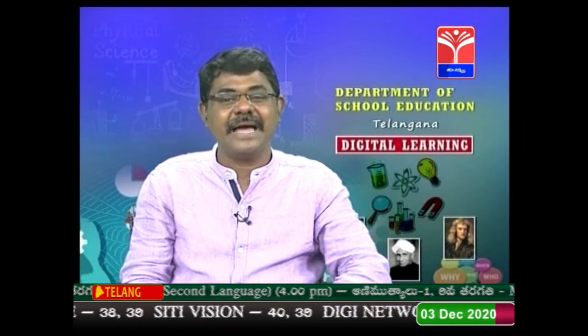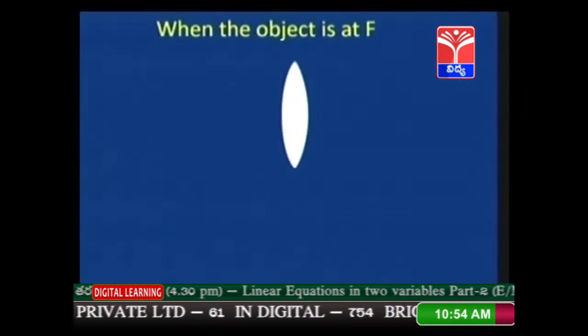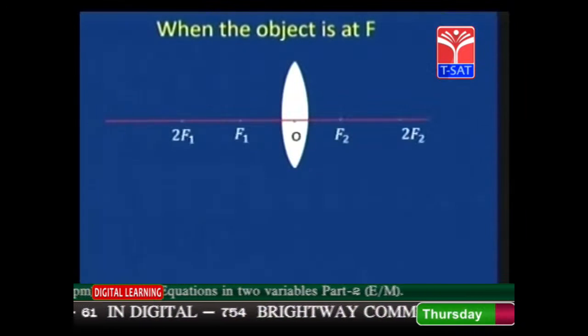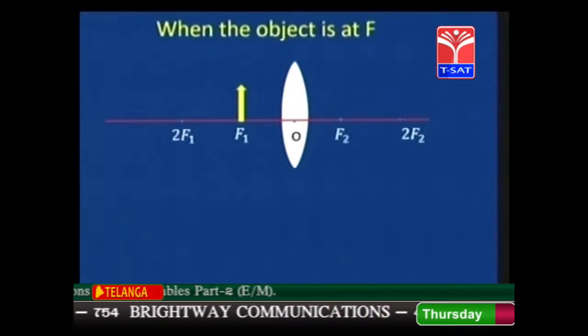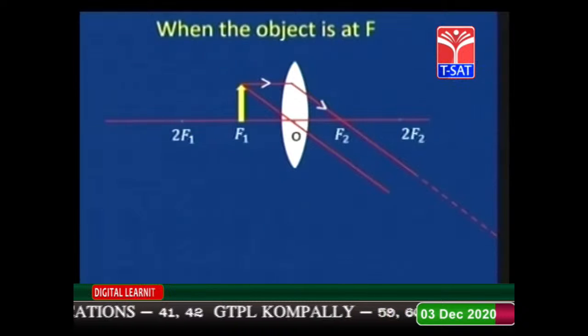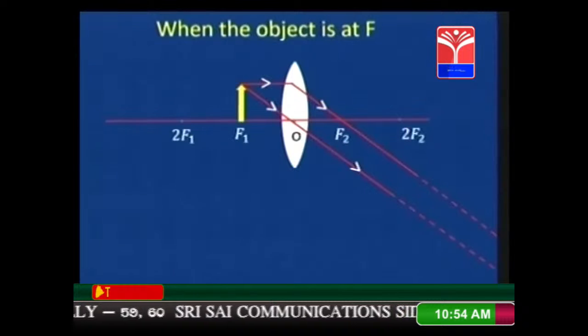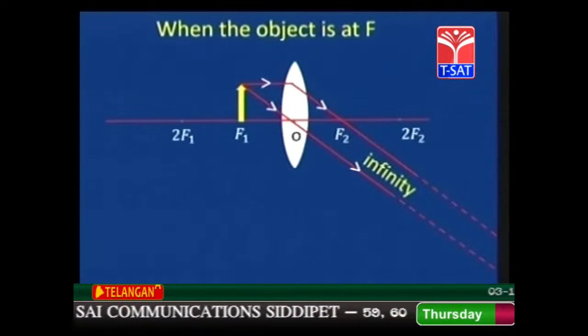So dear children, what happens when the object is located at the focus? See, this is a biconvex lens, and if the object is at the focus, these two light rays are not going to meet at any point. So then what happens? The image is going to form at infinite distance.